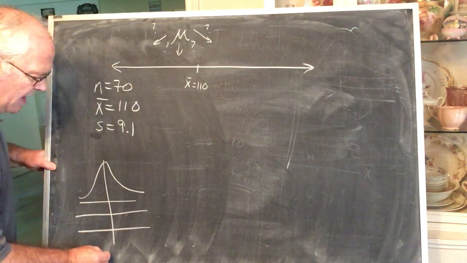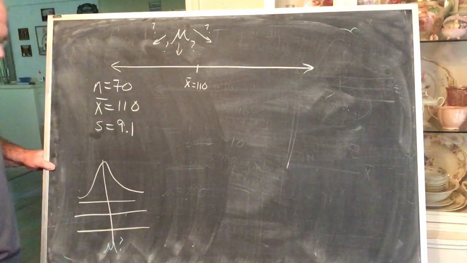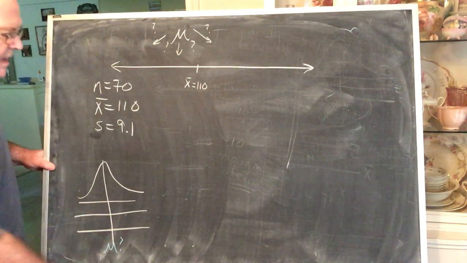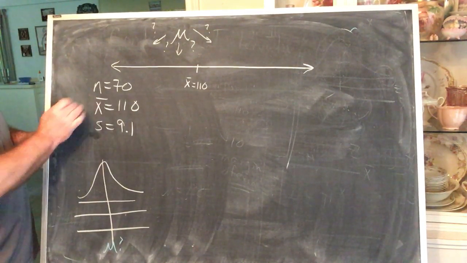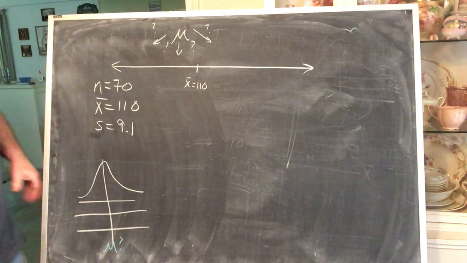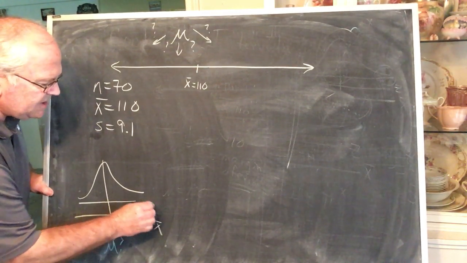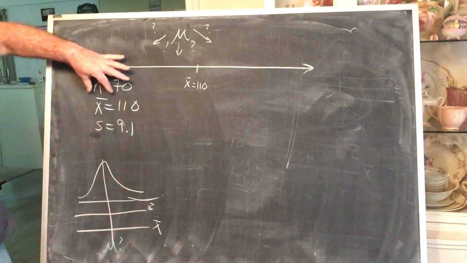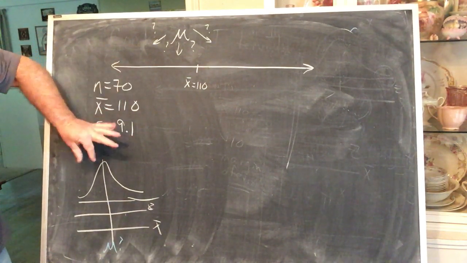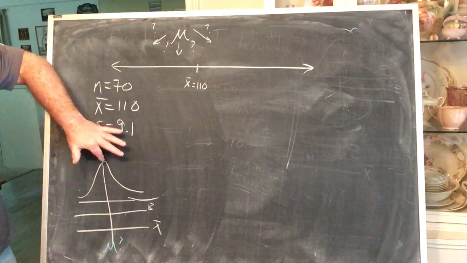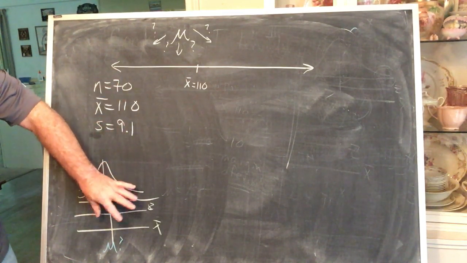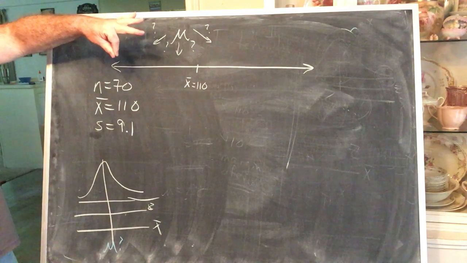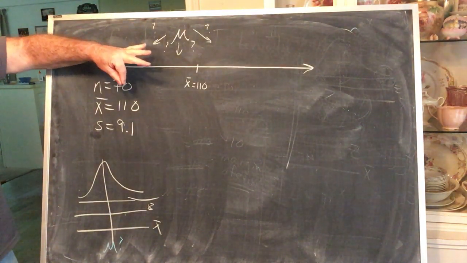And we know the population mean, mu, falls in the middle here somewhere. And so when we take x bar, what we've essentially done is reached onto this x bar scale. This is the z scale, this is the x bar scale. When we take this sample mean of 110, essentially we're blindfolding ourselves, reaching down into this, and we just reach out and pull out one of the sample means, and we got 110.